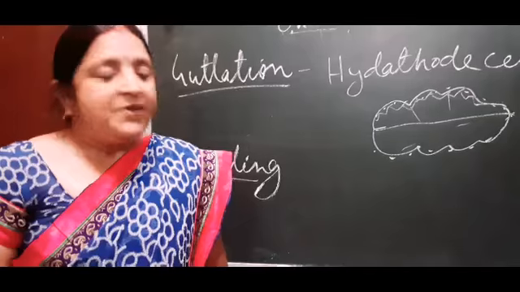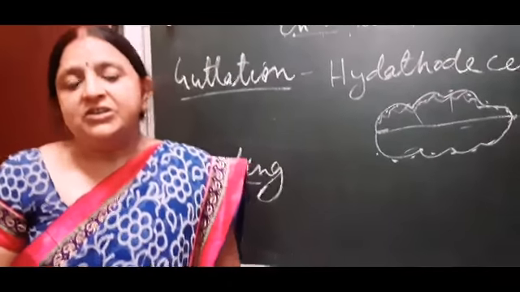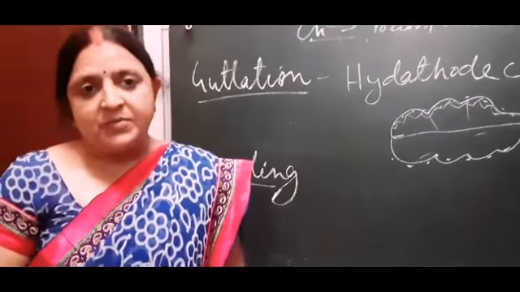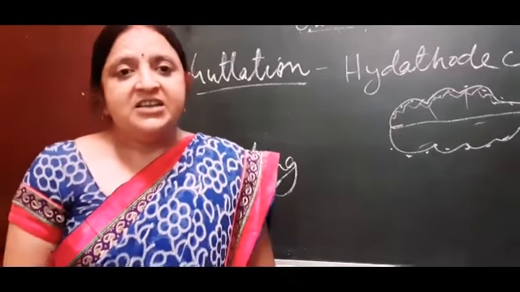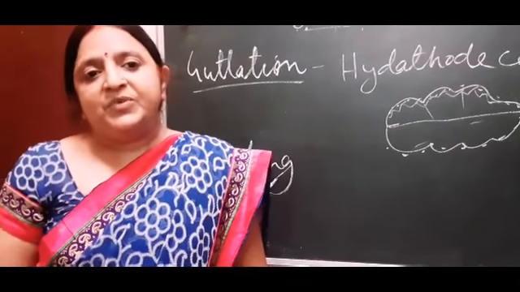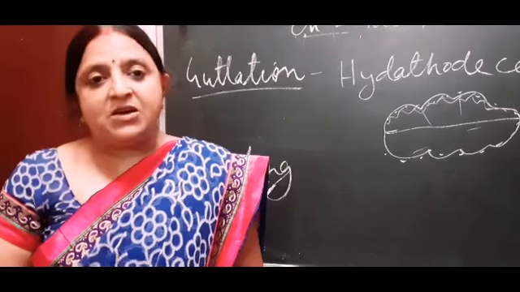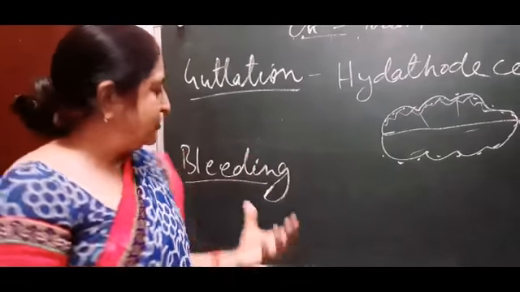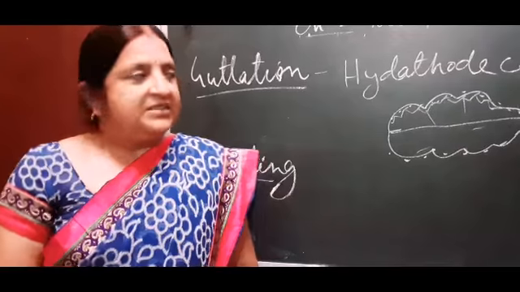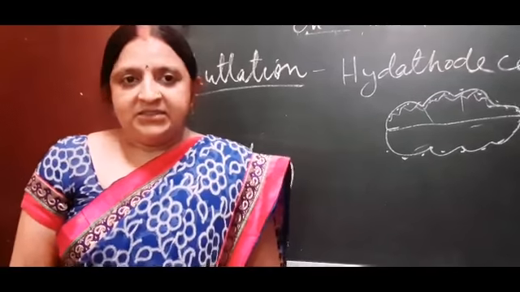When the stem of an old plant is injured, the cell sap, water with minerals, comes out, and that process is called bleeding. This is all about this chapter.